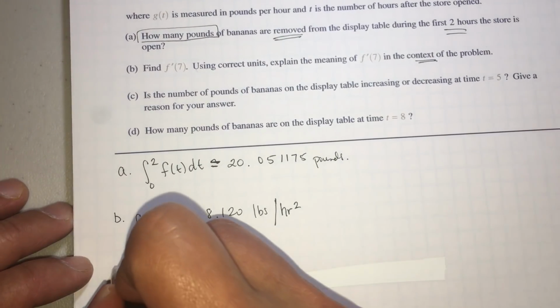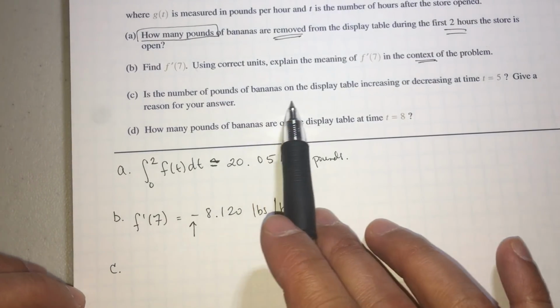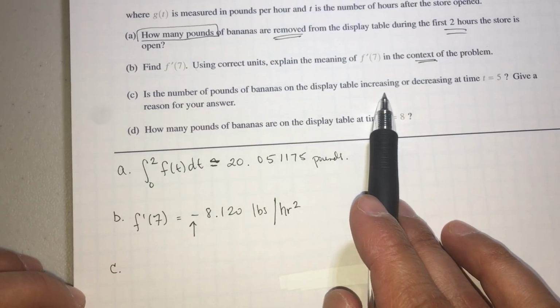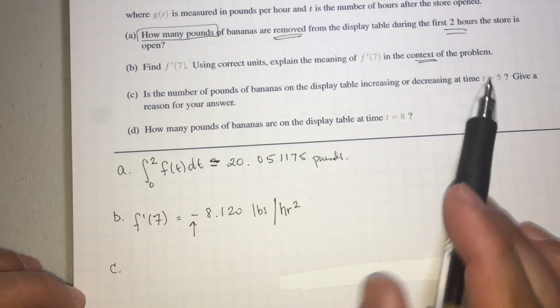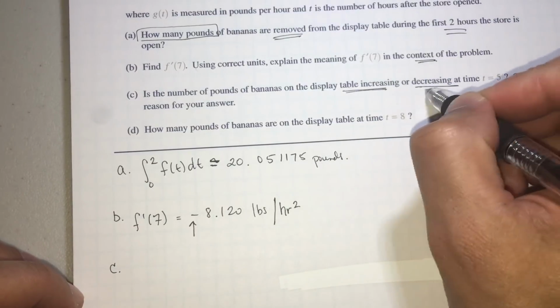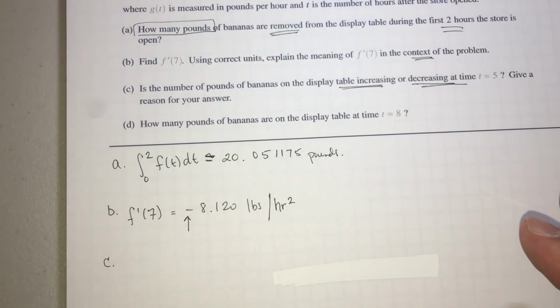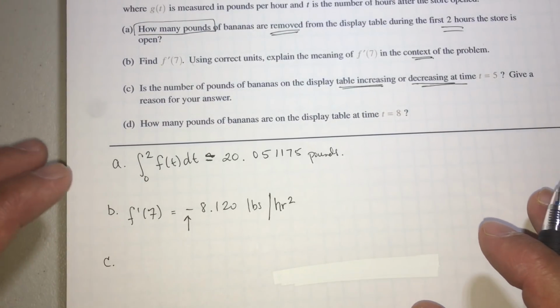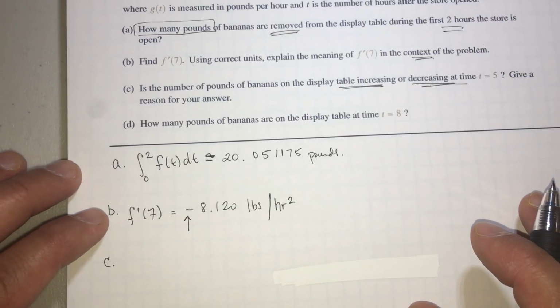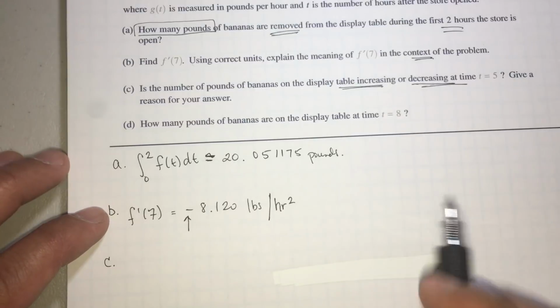All right, part C. Is the number of bananas on display increasing or decreasing at t equals 5? Interesting question. Well, what are we talking about? We're talking about rate.